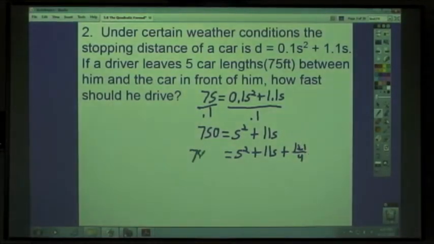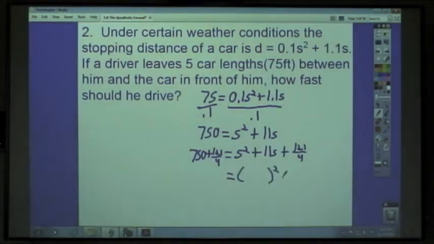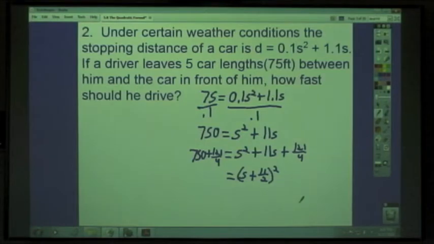And that is what you are going to add to both sides. Again, if you can't do it in your head, use your calculator. Then you take this side over here on the right and you have your parentheses squared now. In this parentheses, remember, you're going to have whatever you got when you divided 11 by 2, which was 11 over 2.